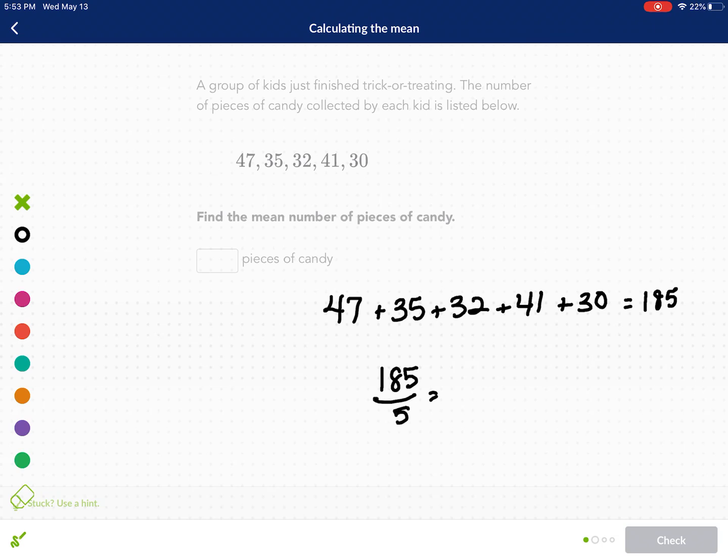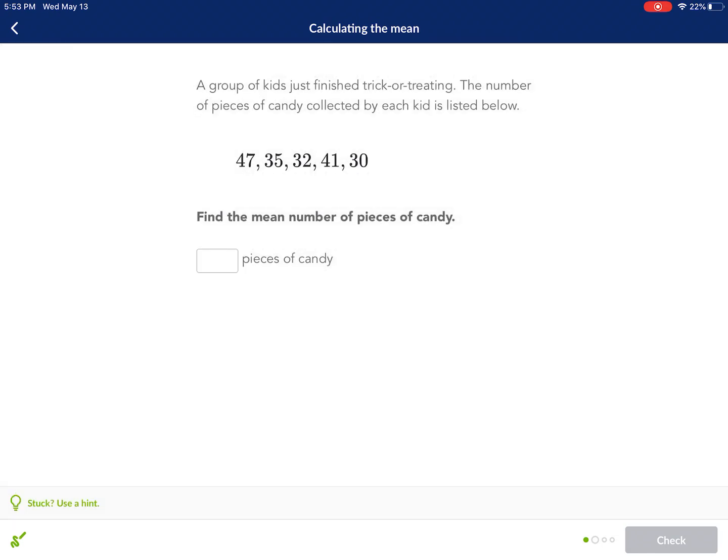So 185 divided by 5. Again, I'm dividing by the number of data values we had. We had 5 kids trick-or-treating, so we want to figure out how much candy each kid had typically. So it was pretty average for a kid to get around 37 pieces of candy. So, oops, erase that thing I did.